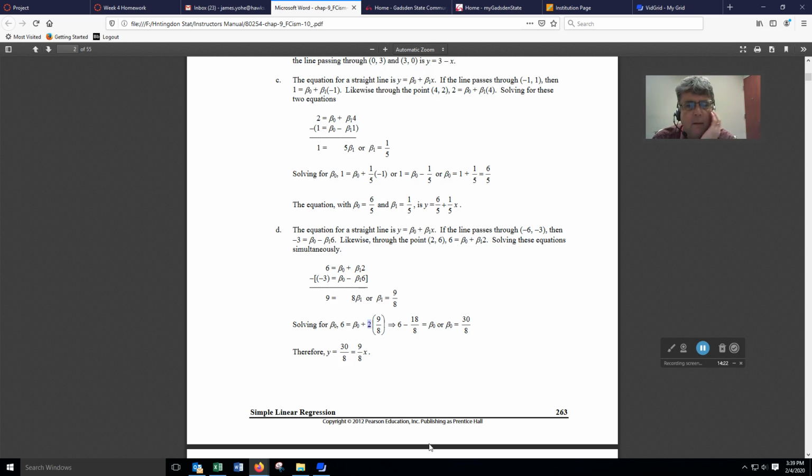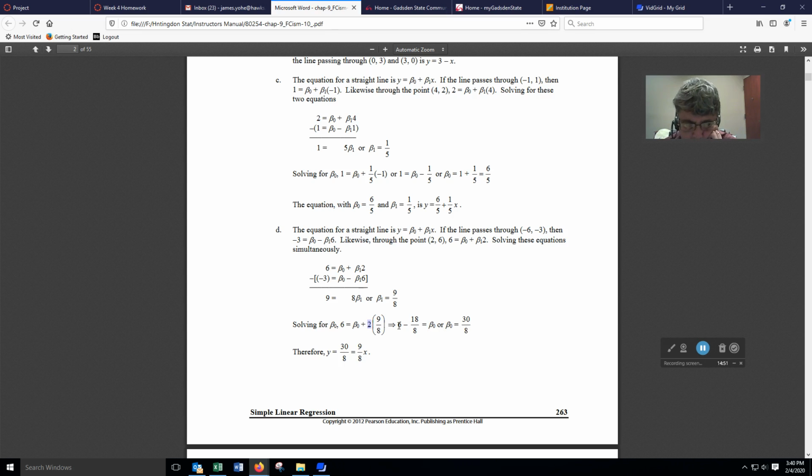We stick that in, we solve for beta 0. 6 is equal to -18/8 plus beta naught. Subtract 18/8 from each side, and I get beta naught is equal to 30/8.